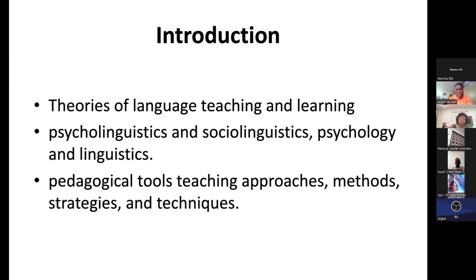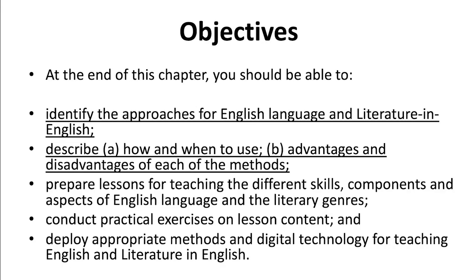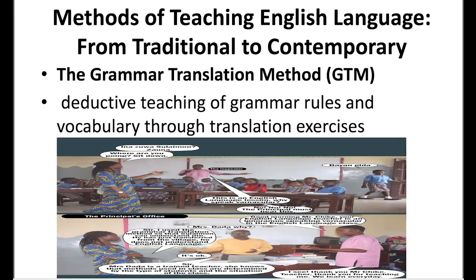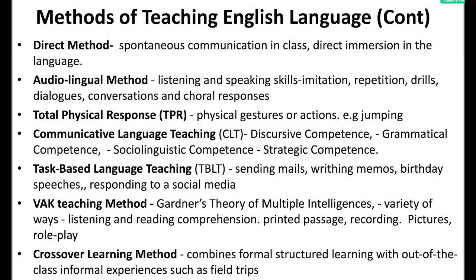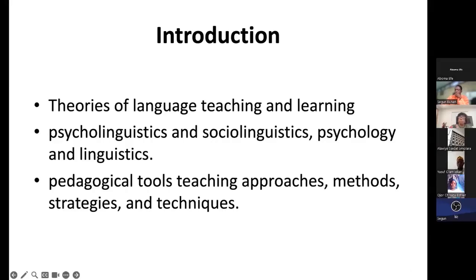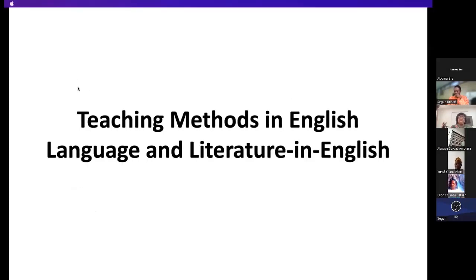In this course, we shall be examining the general approaches or methods of teaching English language and literature in English, teaching the different components of English: listening, speaking, reading, writing, grammar, and lexis.